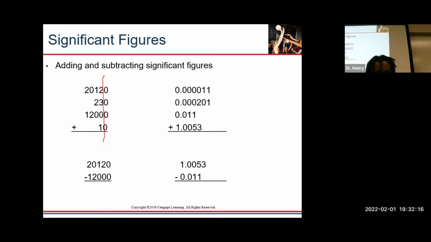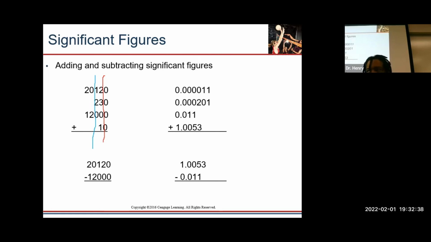After the 2. And the last number, 10, after the 1. Same spot. So we have 2 spots to choose from. What you're going to do is go to the point that is the furthest to the left, and that's going to be our deciding point.